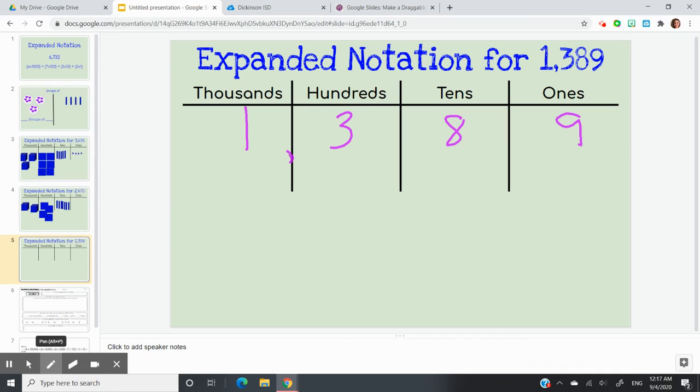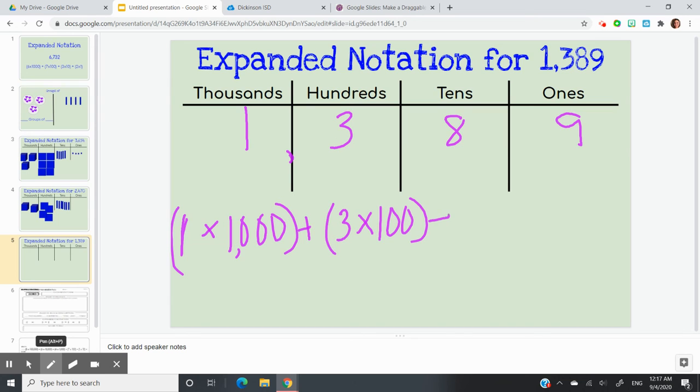So to represent this in expanded notation, I need to think, okay, so I have 1 thousand. So that means I have 1 times 1,000. I have 1 group of 1,000. Okay. I have 3 hundreds. So that means I have 3 groups of 100. And then I have 8 tens, so that means I have 8 groups of 10.